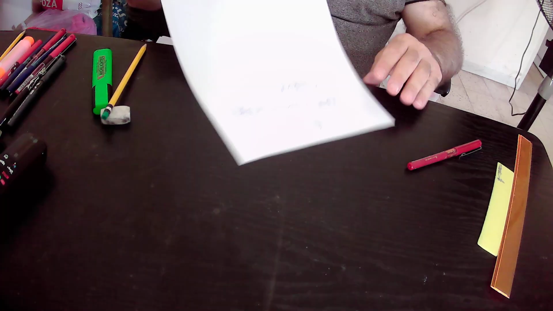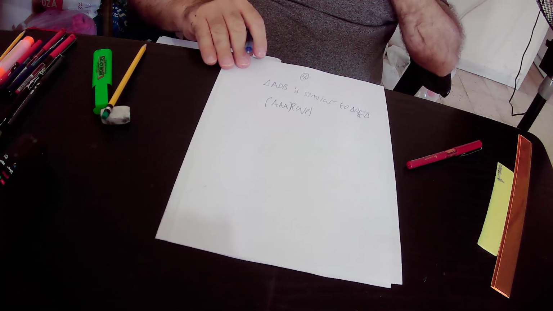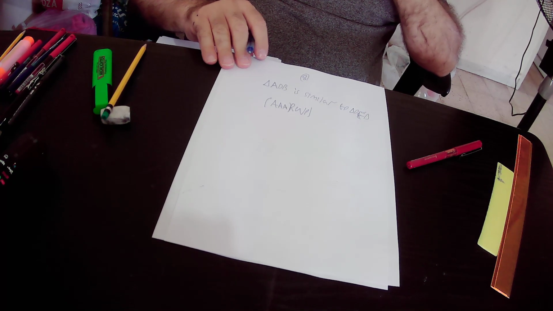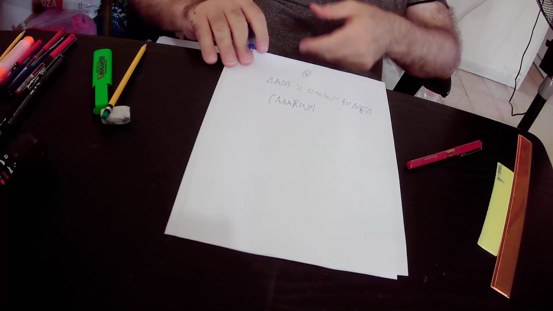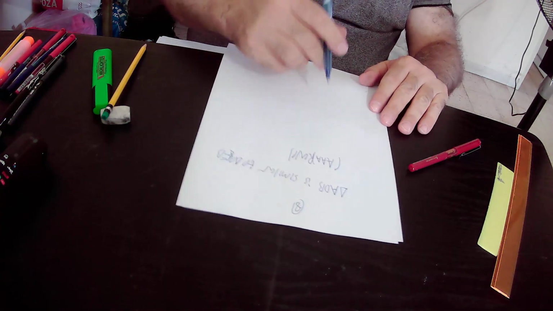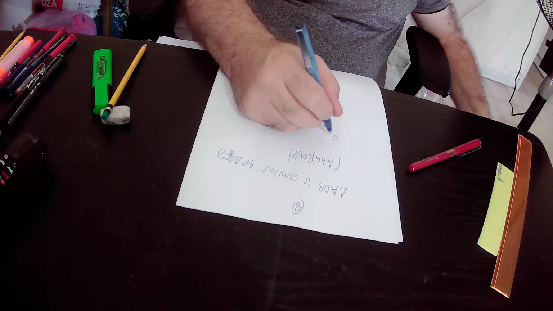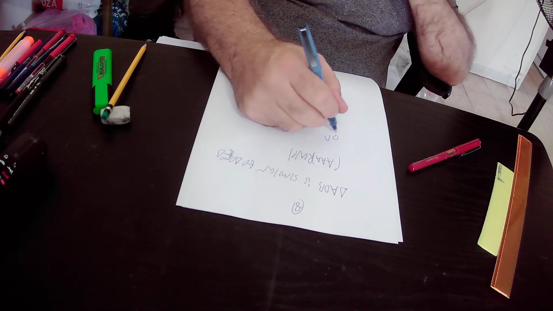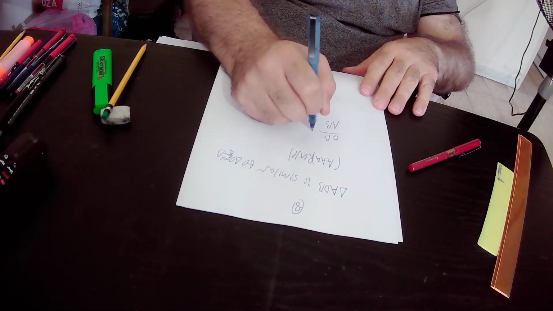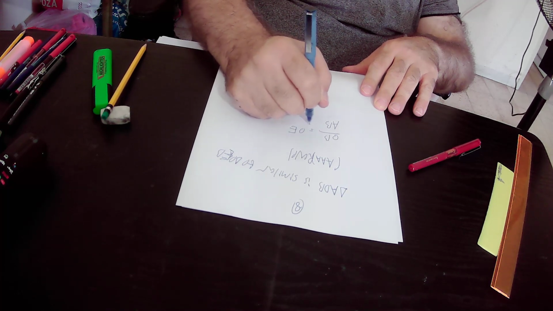Okay, so from this similarity, we can deduce that the following relationship exists between the sides of the two triangles. That is to say, OB over AB equals OE over AD.